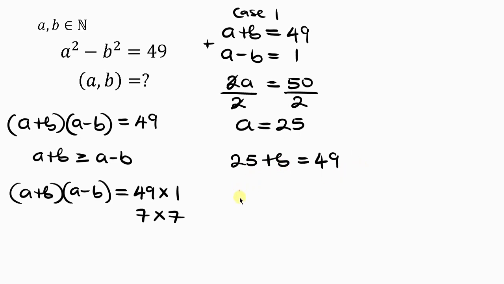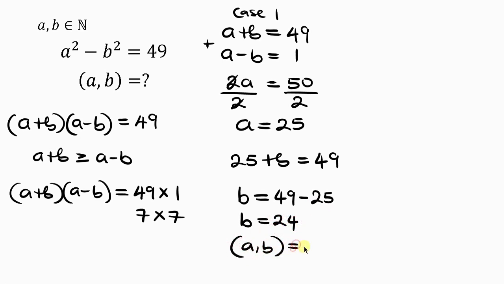So we have b equal to 49. As 25 crosses to the right, it becomes minus 25. So b becomes 49 minus 25, which is 24. So the value of a and b we have here is a is 25, while b is 24. This is for the first case.